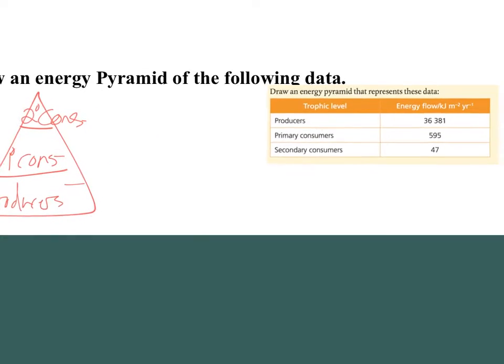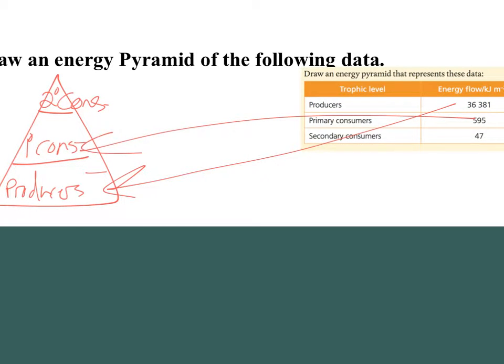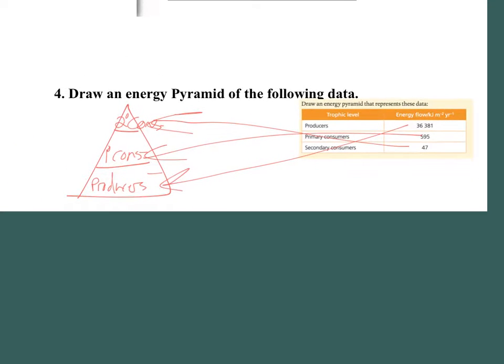Then if you want to add the data, you just take these numbers and put them where they need to go. So that problem's pretty straightforward. Drawing an energy pyramid is pretty easy, so there we go.